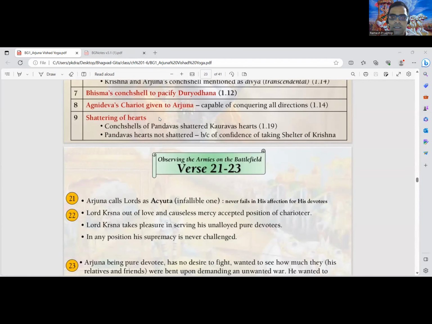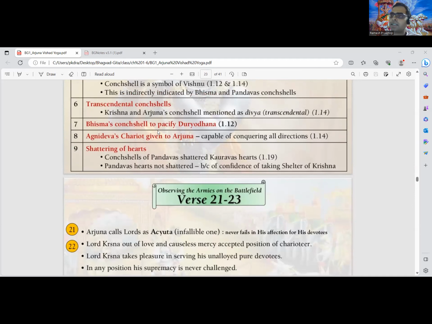The next thing is the next verse, verse 21. Arjuna, who is prepared for the war, is ready on the chariot. He asks Krishna to pull the chariot into the midst of the armies, where both parties are there.